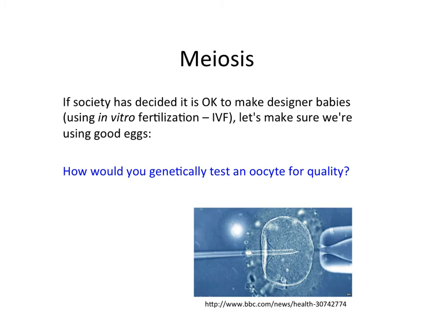If you open it up to take its DNA out and study it, and you discover that that was the perfect oocyte, then what? You destroyed the oocyte by opening it up and taking the DNA out. So how do you do genetic testing for in vitro fertilization? That's the question. How do you genetically test an oocyte for quality and not destroy it in doing so?